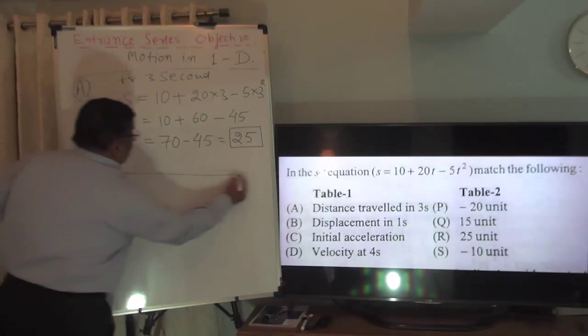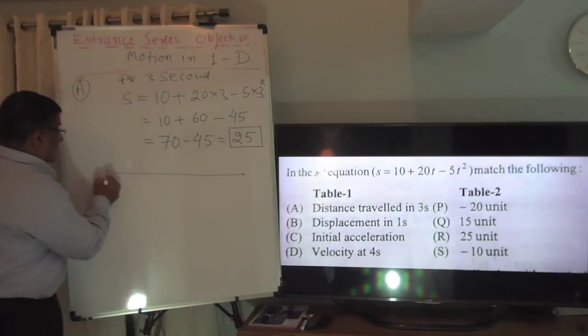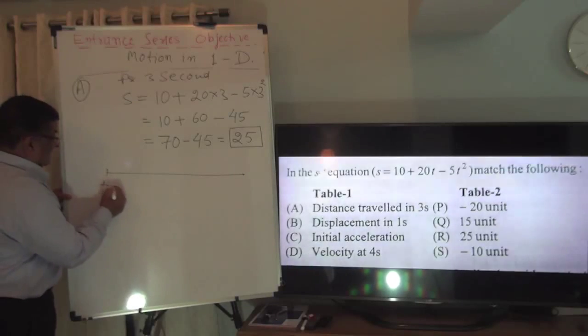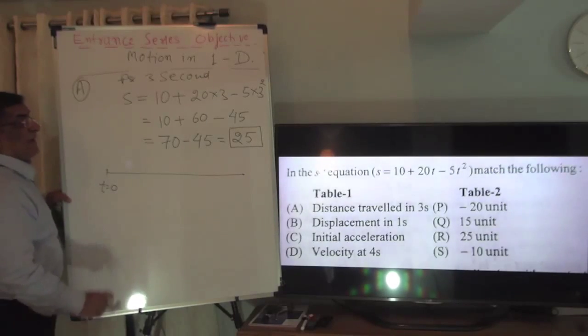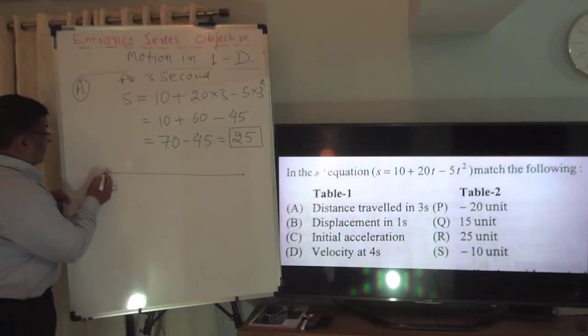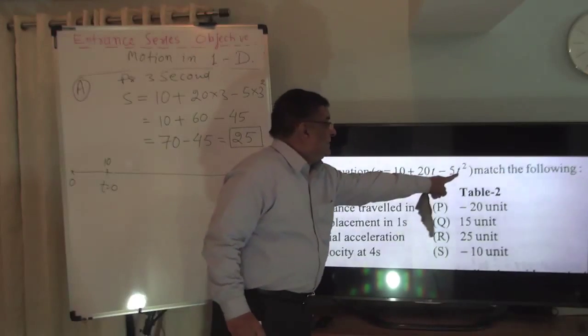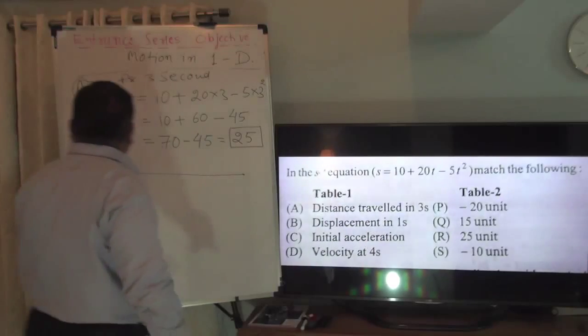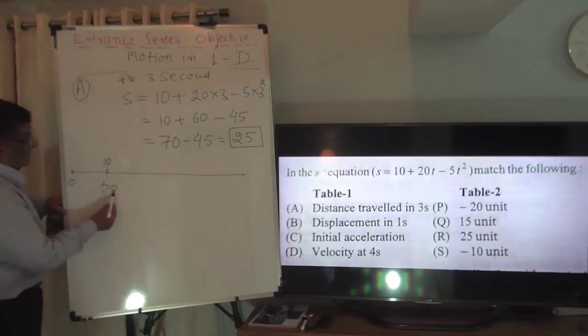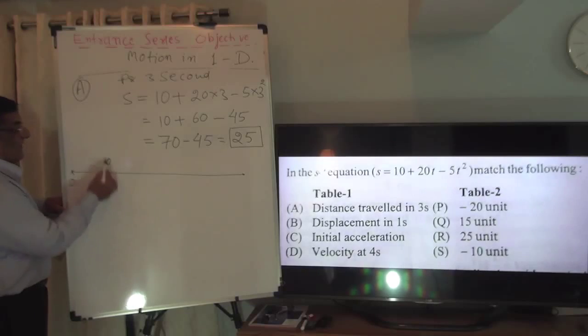It is a straight line, straight path. A particle starts from here. T is equal to 0. When the time is 0, the location is, this is axis, the location is 10. S is equal to 10 when time is equal to 0. So this is to be written like this.